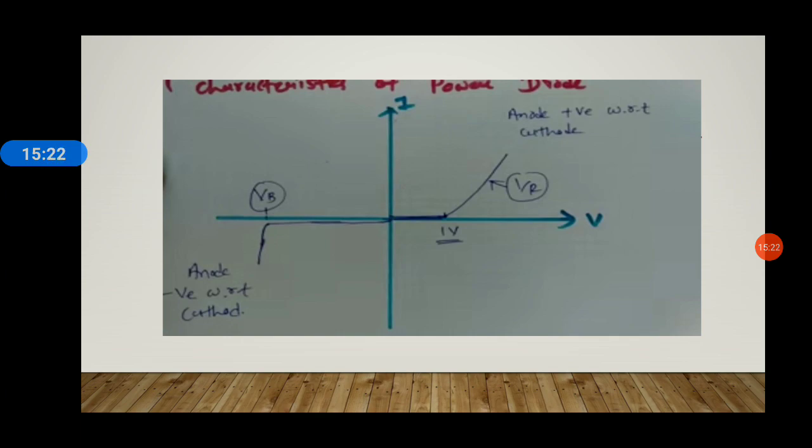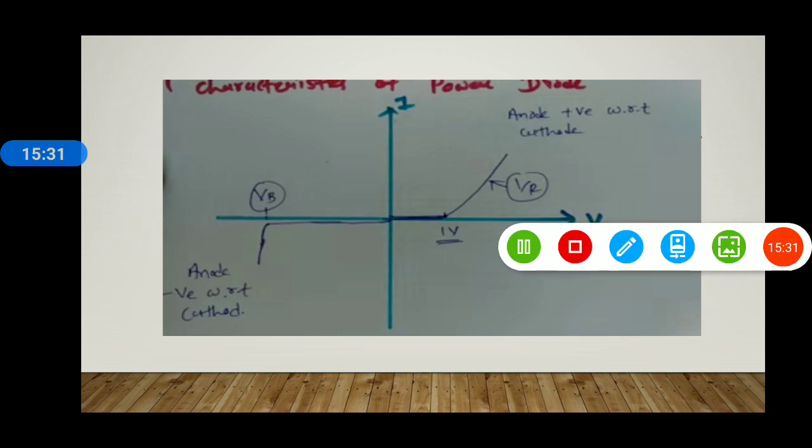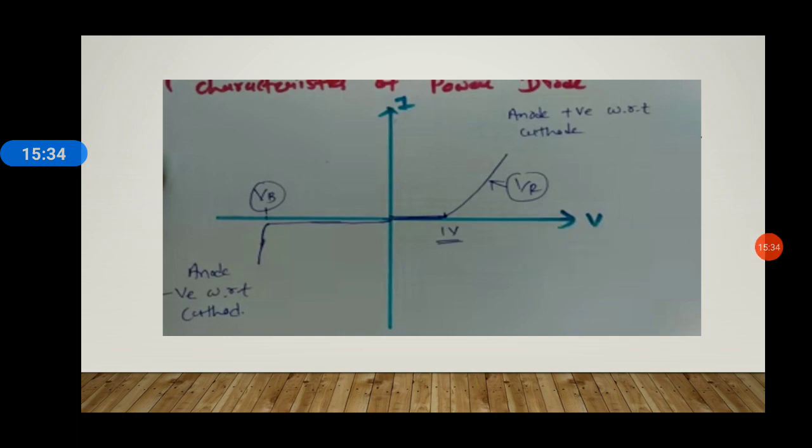The leakage current flows due to the minority charge carriers. When the reverse voltage reaches the reverse breakdown voltage, avalanche breakdown occurs. Once the reverse breakdown occurs, the reverse current increases drastically with a small increase in reverse voltage. The reverse current can be controlled by an external circuit, which you will study later.